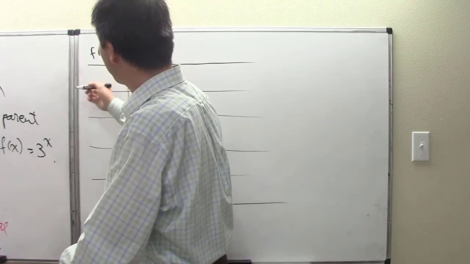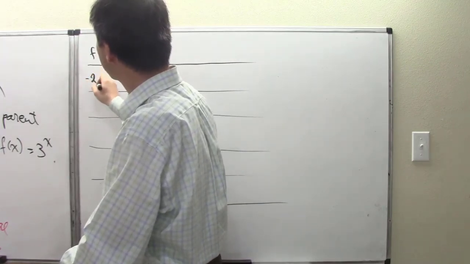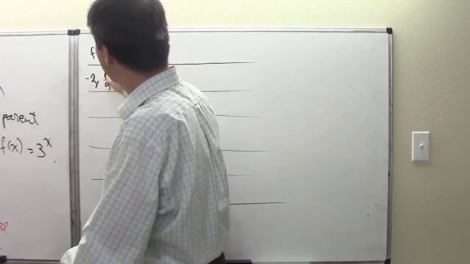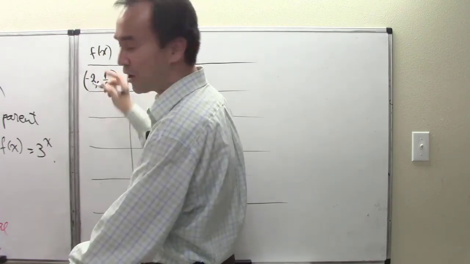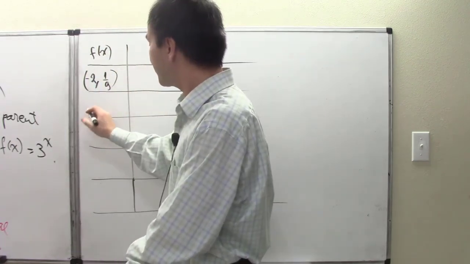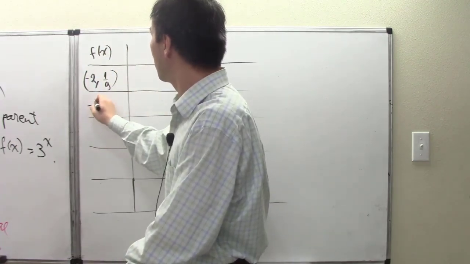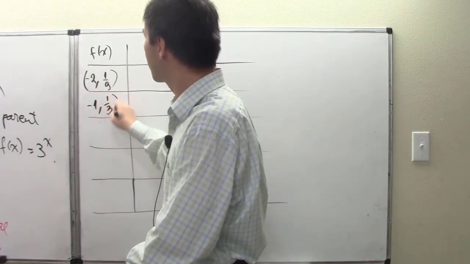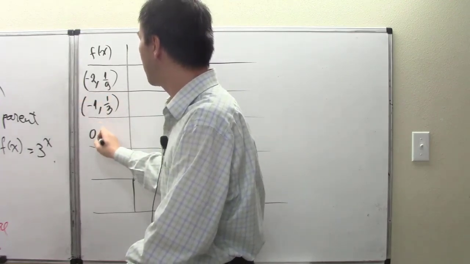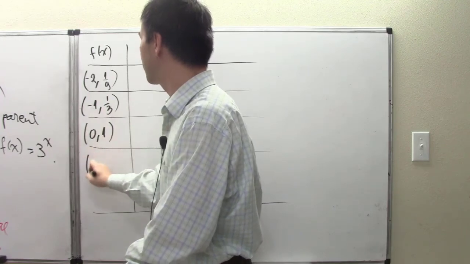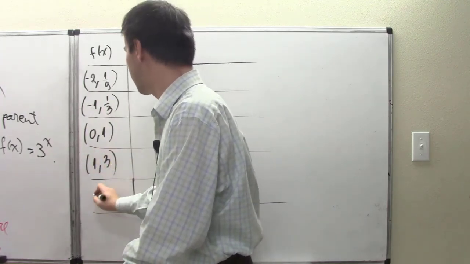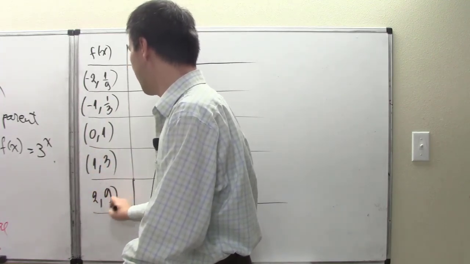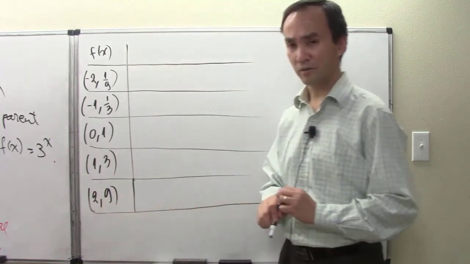From the very far left: minus 2 comma 1/9, that's the original guiding point, and then minus 1 comma 1/3, and here 0 comma 1, and this is 1 comma 3, and this is 2 comma 9. That should be good enough for our work.